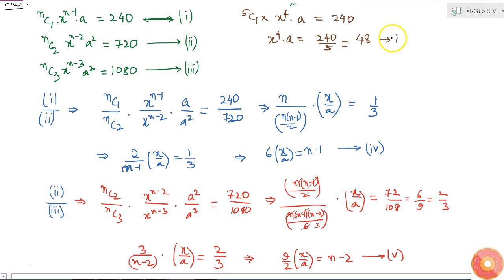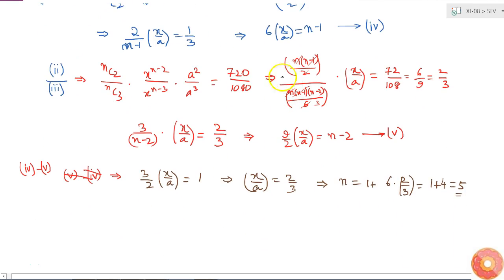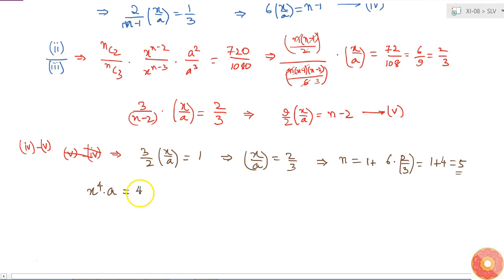So this I am going to call my sixth equation. I will write that down again. I got x^4 into a is equal to 48. So x^4 into a is 48 and x by a is 2 by 3. So if I multiply this equation with this equation, what will I get? x^5 is equal to 48 into 2 by 3.